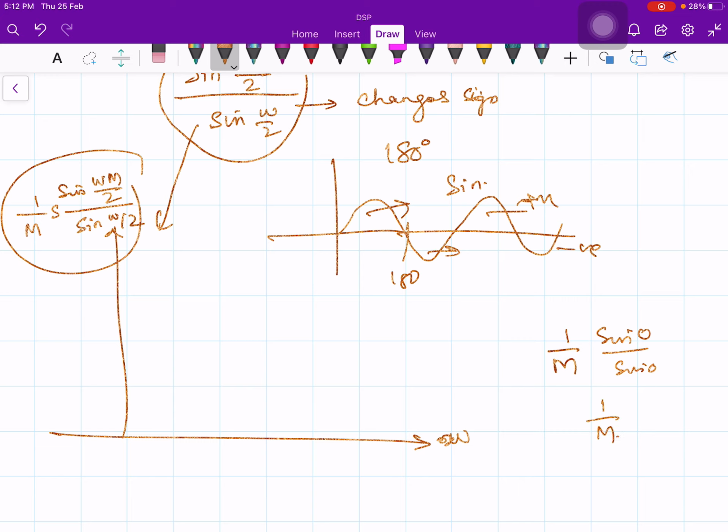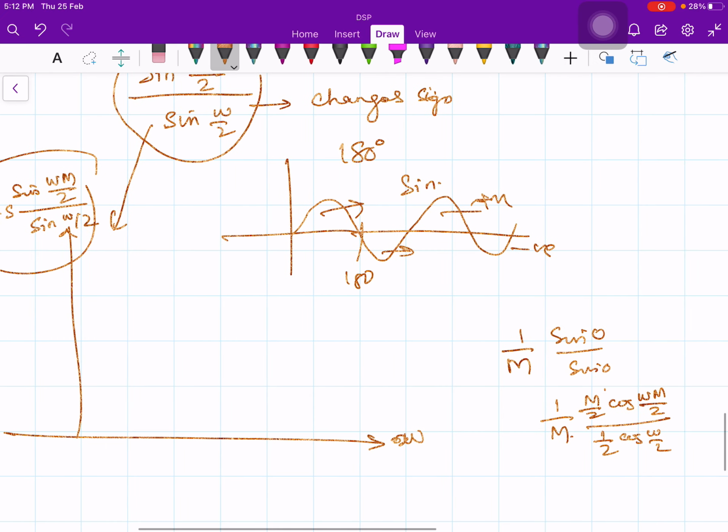So 1 over M, numerator becomes what? Capital M by 2 cosine of omega capital M by 2. In the denominator, 1 by 2 cosine of omega by 2. Now this M and that term will get cancelled. This 2 and that 2 will get cancelled.